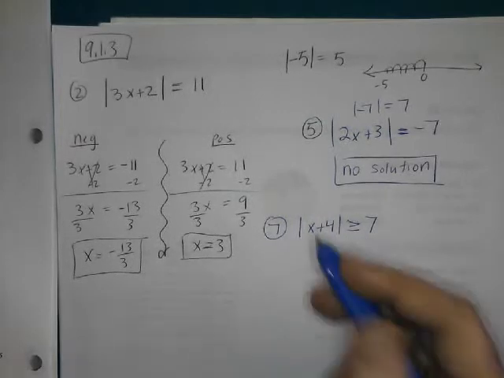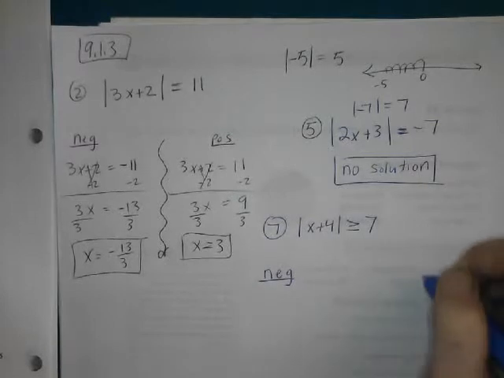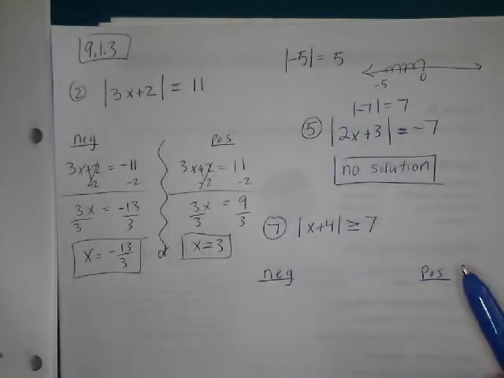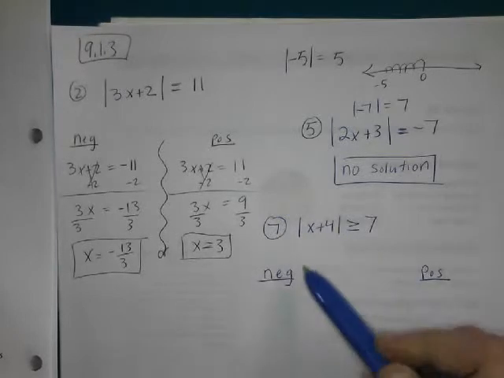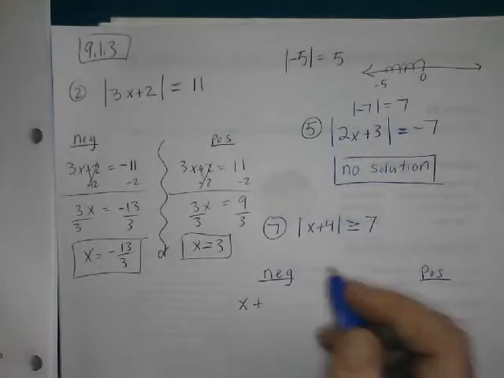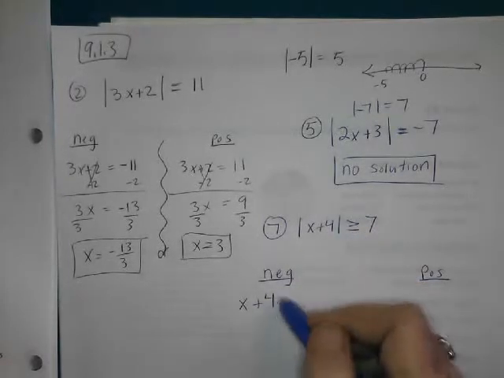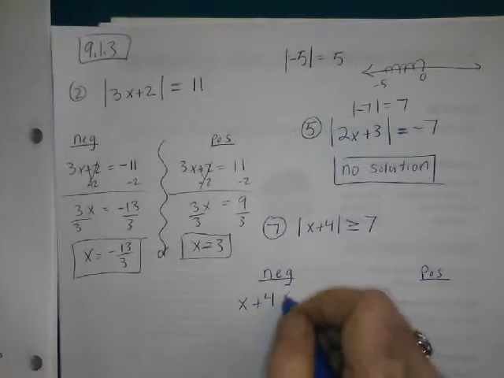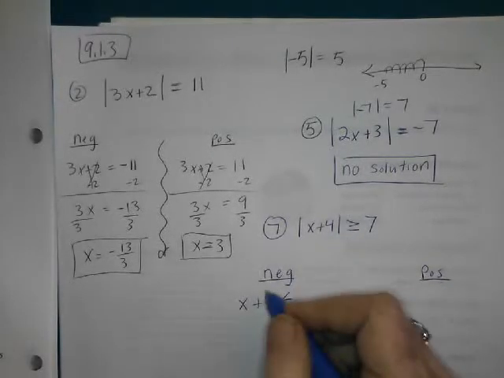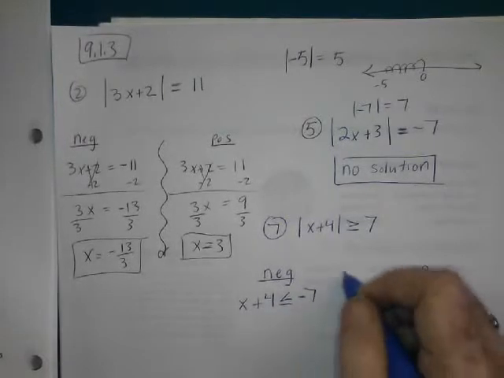So we're still going to do the same procedure. We're going to write the negative way and the positive way, as if this quantity were negative and as if this quantity were positive. Because of the inequality, for the negative way, you're going to flip the inequality so that it's reversed, going the other way, and turn the right-hand side negative.